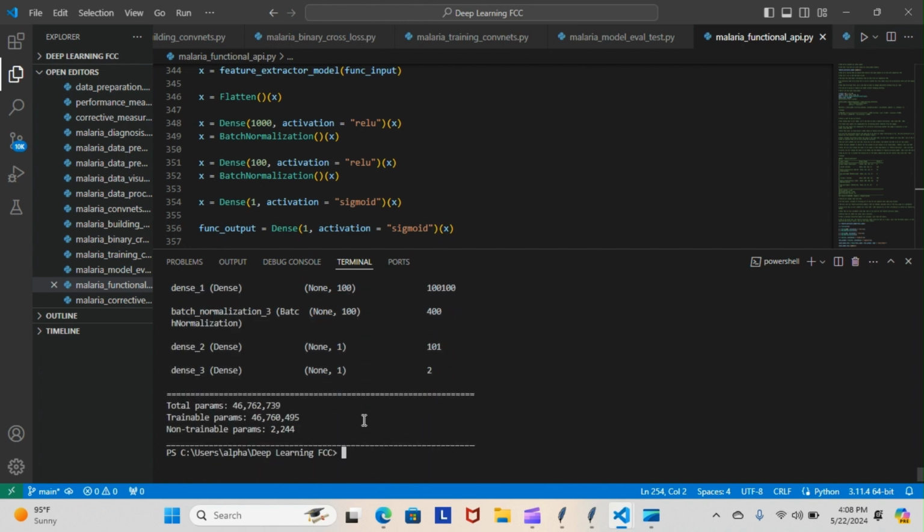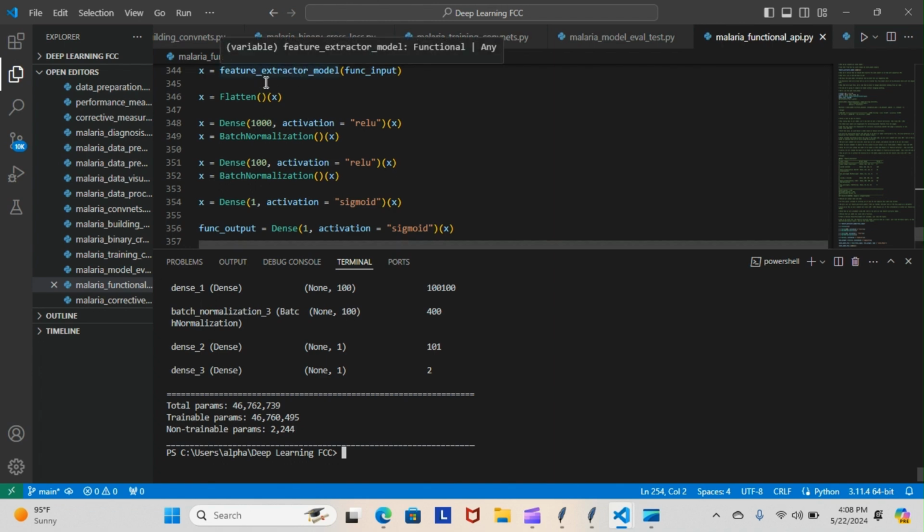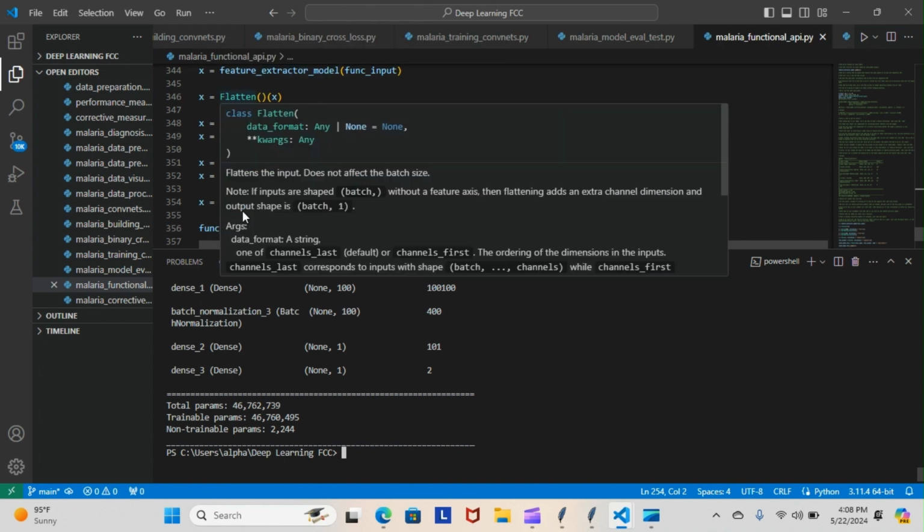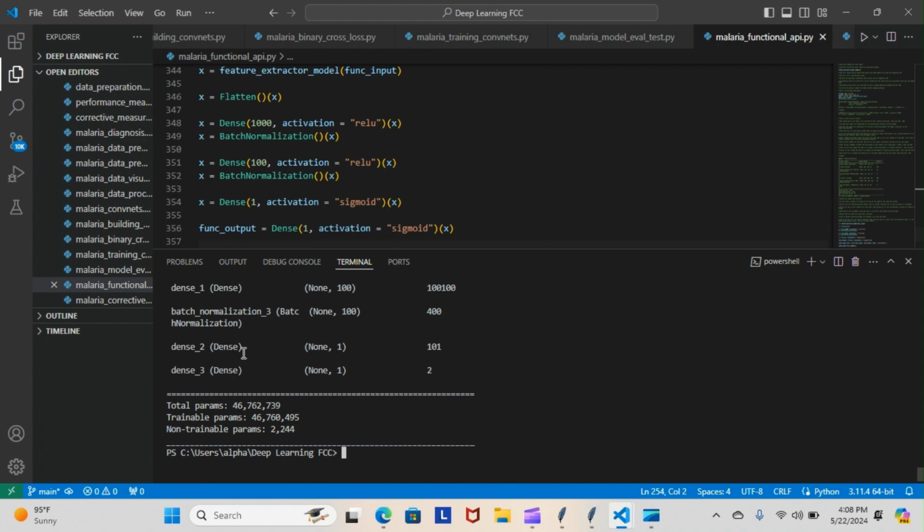We have 46 million total parameters, 46 million and change trainable, and 2,244 non-trainable parameters. So this represents our entire model, with the flattening and dense layers, without having to type out the Conv2Ds and the max pooling.